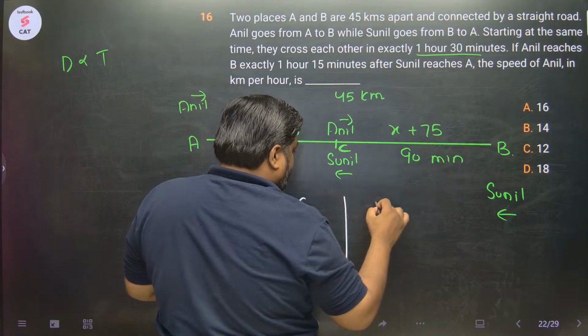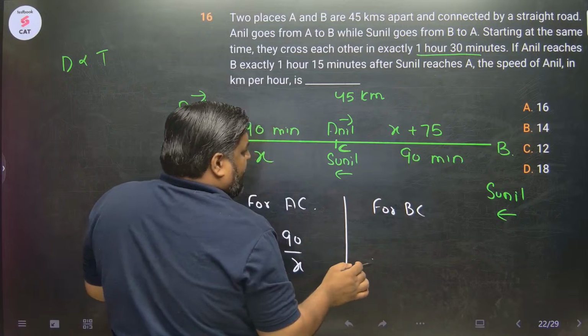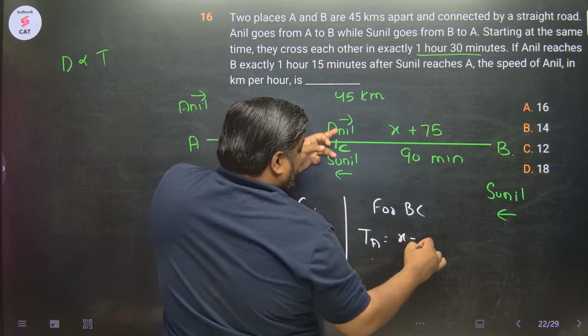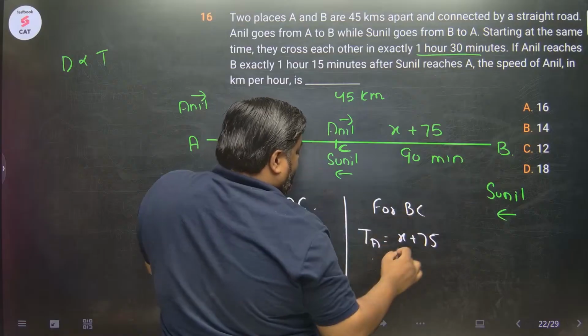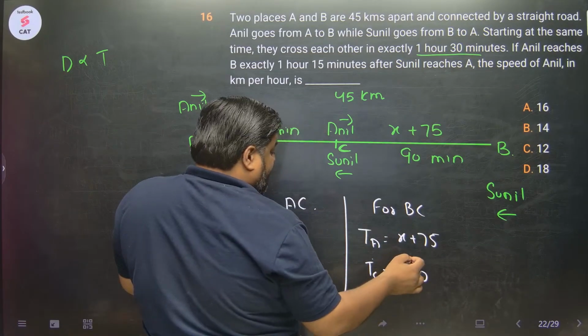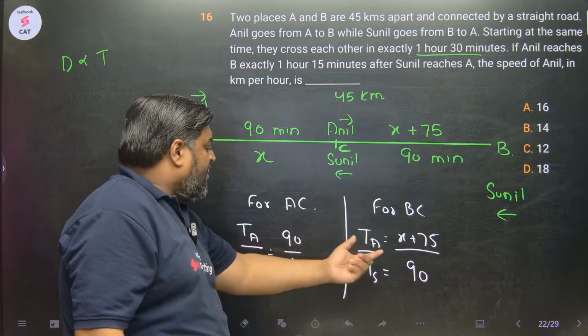For BC again time taken by Anil is x plus 75, time taken by Sunil is 90. So time का रेशियो क्या है, TA by TB would be, and they are bound to be same.